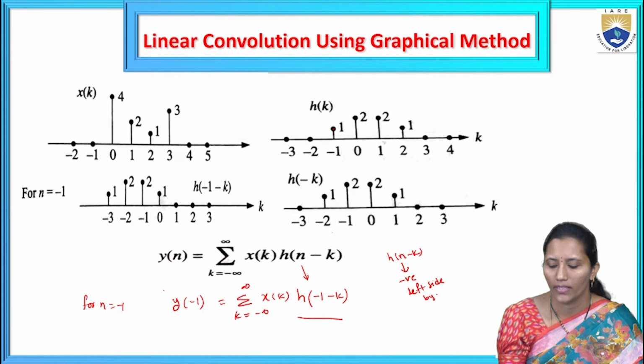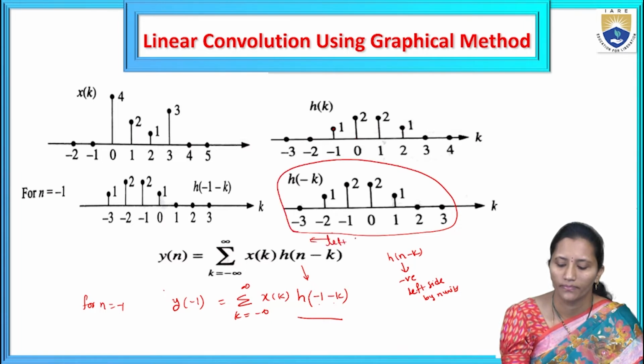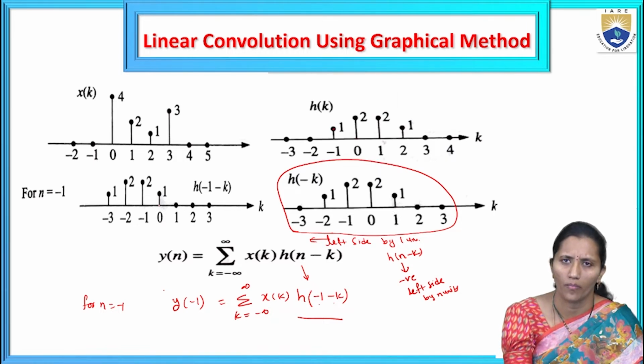by n units. So here h of minus 1 minus k, n is minus 1, a negative value. We have to shift this h of minus k sample to the left side by 1 unit. So the 1 sample of h of minus k will come to the 0 sample of h of minus 1 minus k.